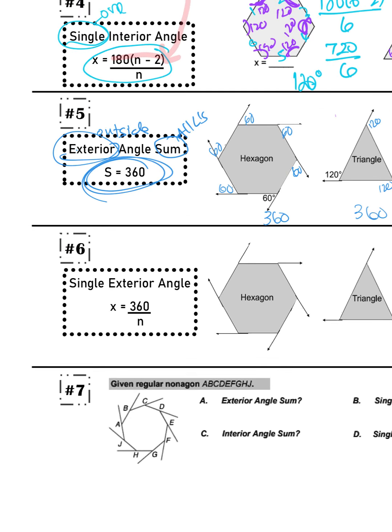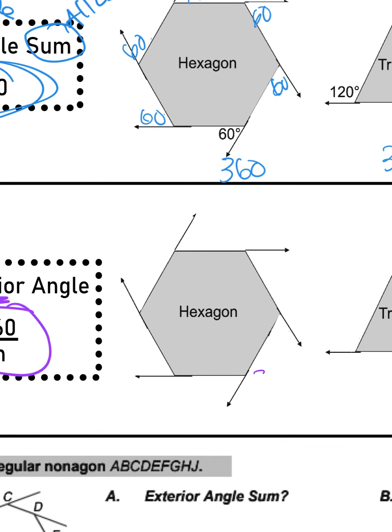A single exterior angle. Remember, what does the word single mean? Single means one exterior angle. So if you look at the formula right here, for this first one, you're going to do 360 divided by 6, which gives us 60 degrees.